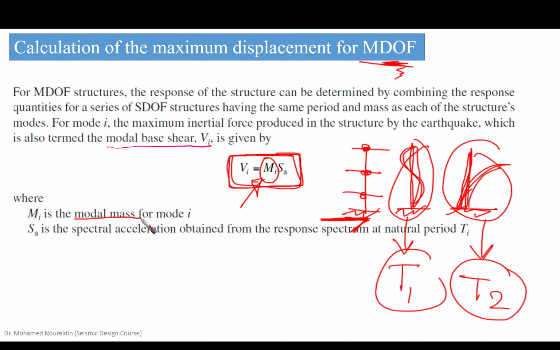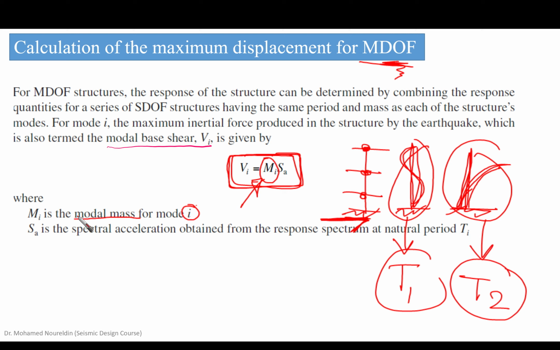In the modal mass, we are using masses, but instead of using it just as the mass as we know it, we are going to incorporate the modal amplitudes in it. Okay, so this is the meaning of modal mass. It's not the straightforward direct mass that we use, but it utilizes the modal amplitudes. And SA is the spectral acceleration obtained from the response spectrum.